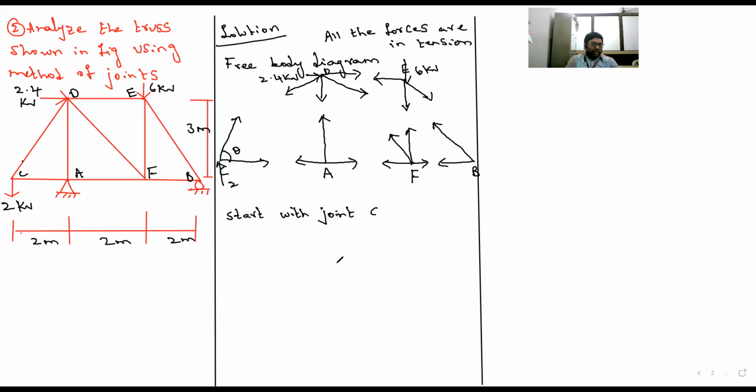Can someone say how do we calculate the theta? When you are trying to calculate theta, you need to calculate the value of inclination of the truss with the help of horizontal and vertical dimensions.